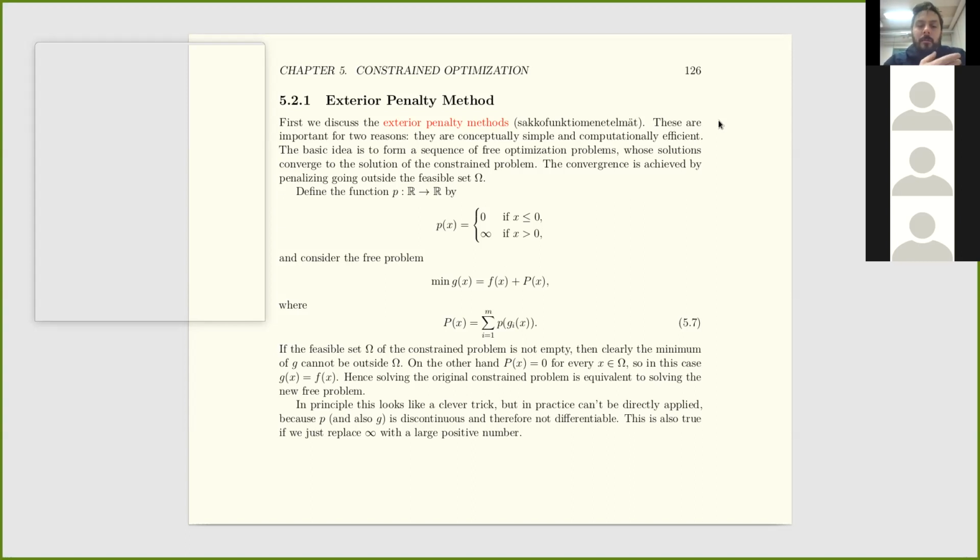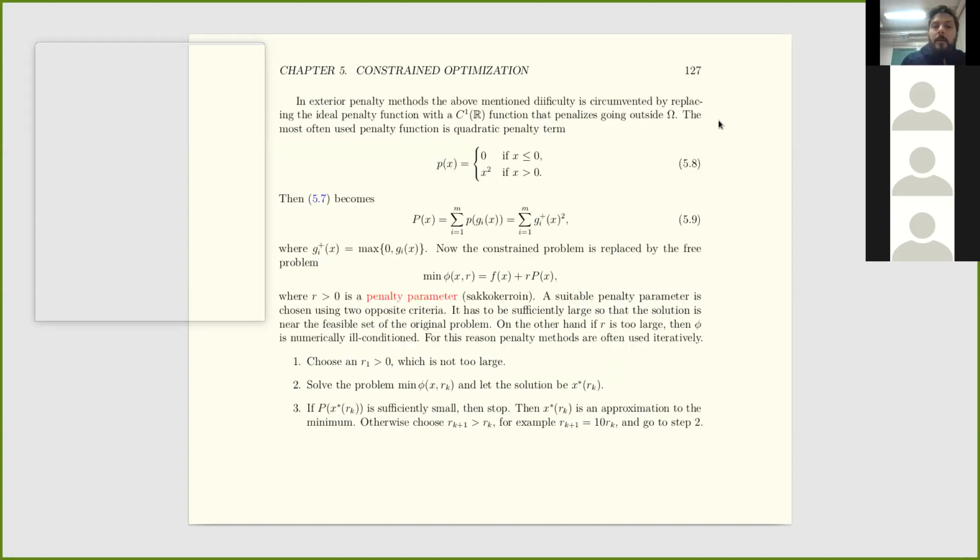If you start just by saying the function becomes infinite the minute you go outside the feasible region, then you lose differentiability and continuity and all that. So the methods that work for searching for the minimum are not very helpful. But then we introduce this quadratic penalty, but it doesn't come without problems.